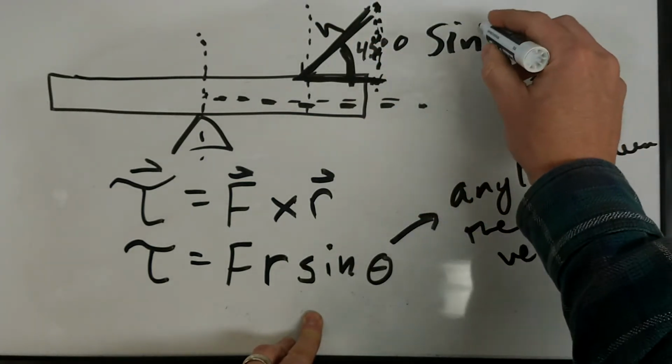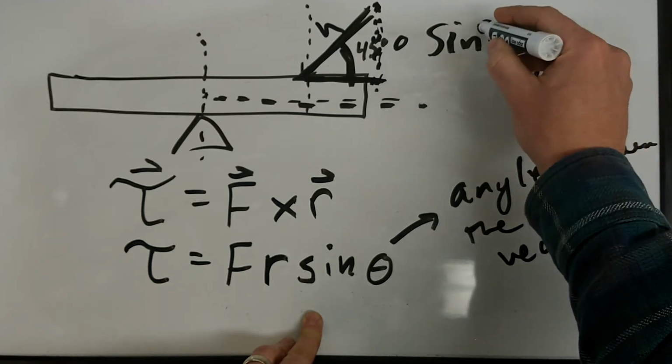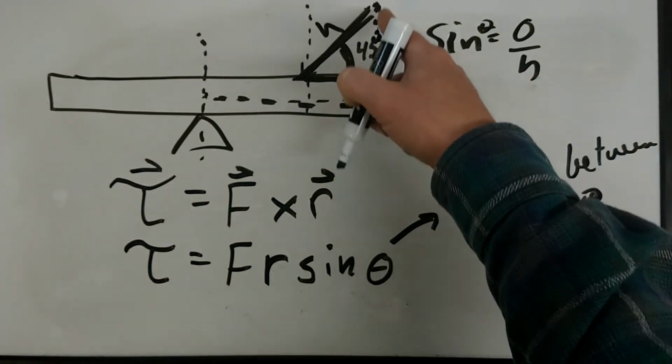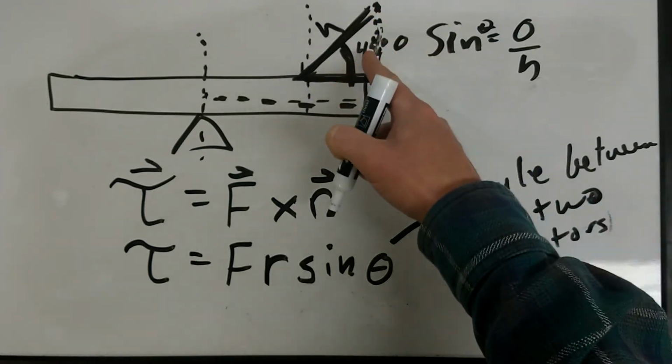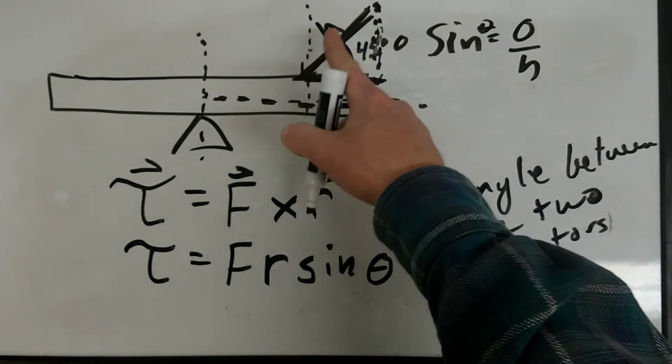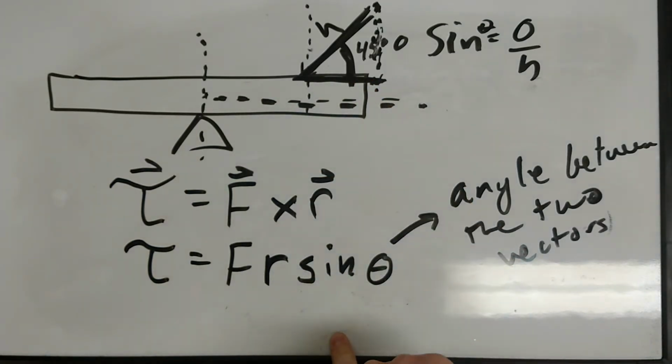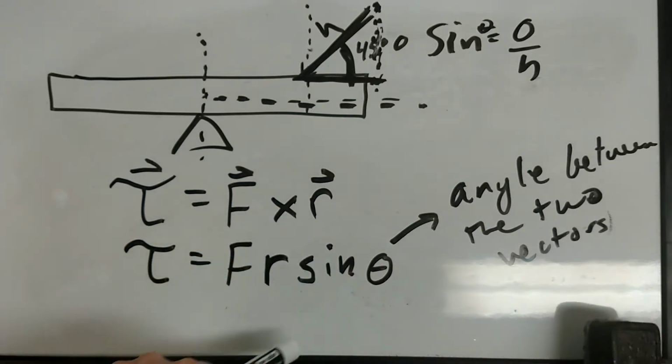It's giving us essentially sine theta, that should be the height of this. That's the component of this force vector that is perpendicular to the radial vector. So that's how you go about dealing with angled forces. It's always that perpendicular component.